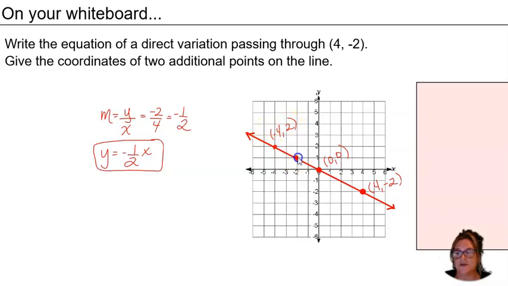I could also use this point located at -2, 1. I could choose this point at 2, -1, and so on. You just want to find the coordinates of 2 additional points on the line, but you have infinitely many that you can choose from.